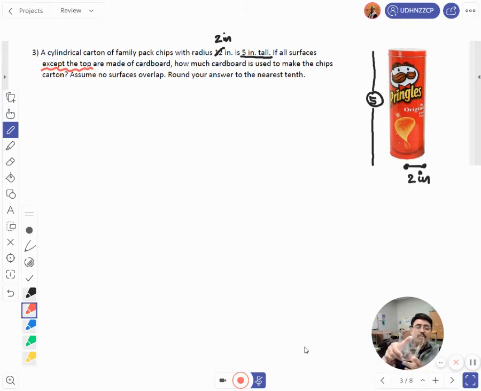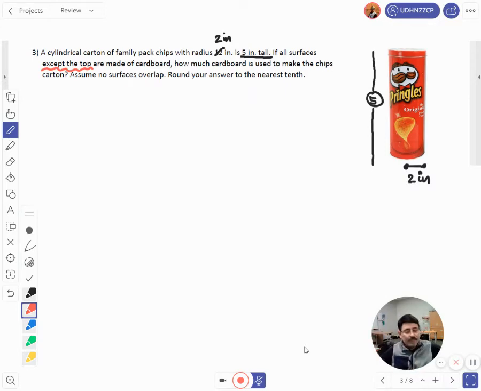Now, how will you compute this one? Please notice that this round part is called the curved surface, and also the base is made of cardboard. Therefore, I have to compute the area of this one and the area of this curved part.